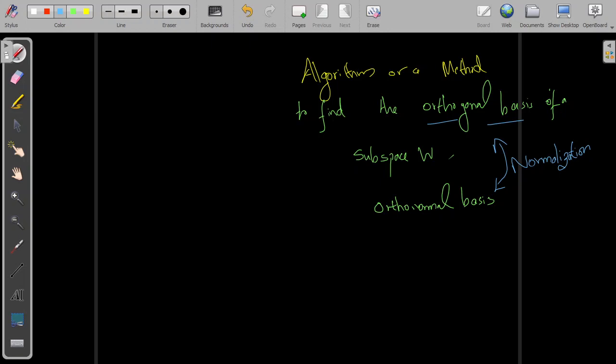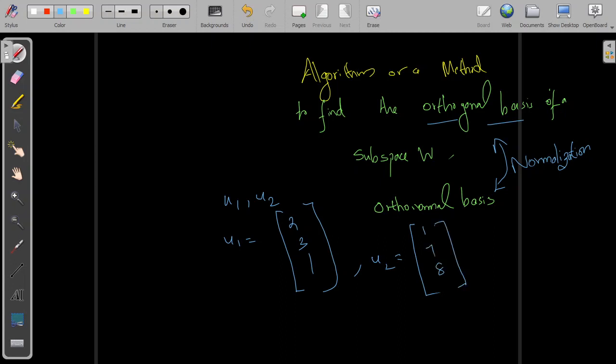First of all, what do I mean by an orthogonal vector? Suppose we have two vectors u1 and u2, where u1 is 2 3 1 and u2 is 1 7 8. Suppose you imagine that u1 dot u2 is equal to 0.